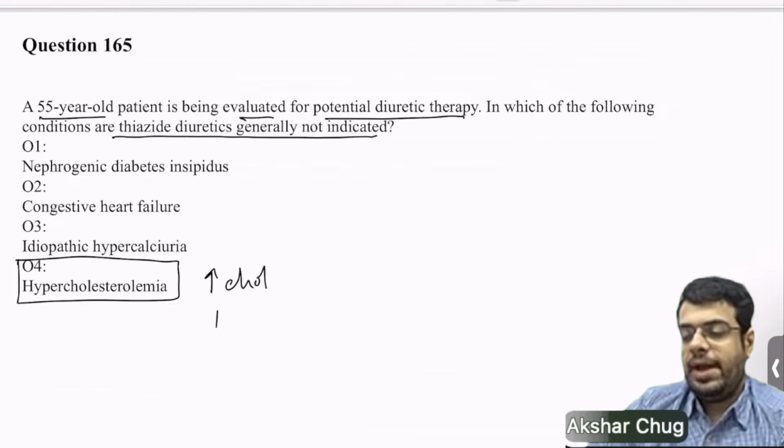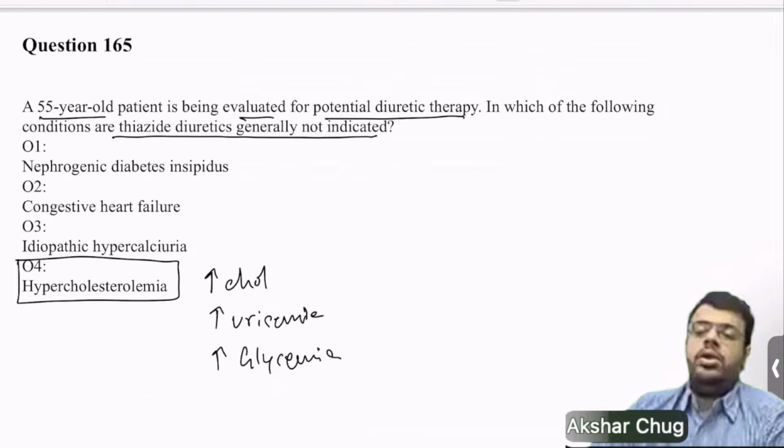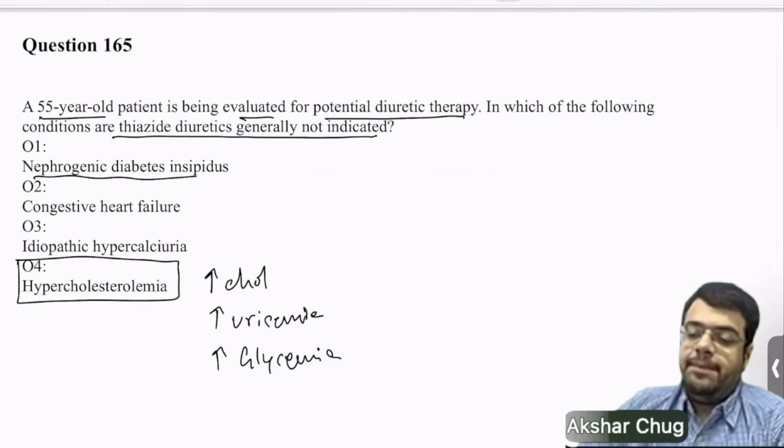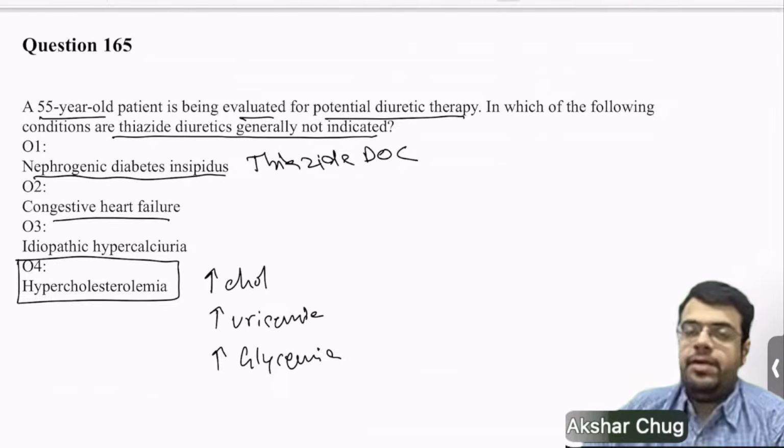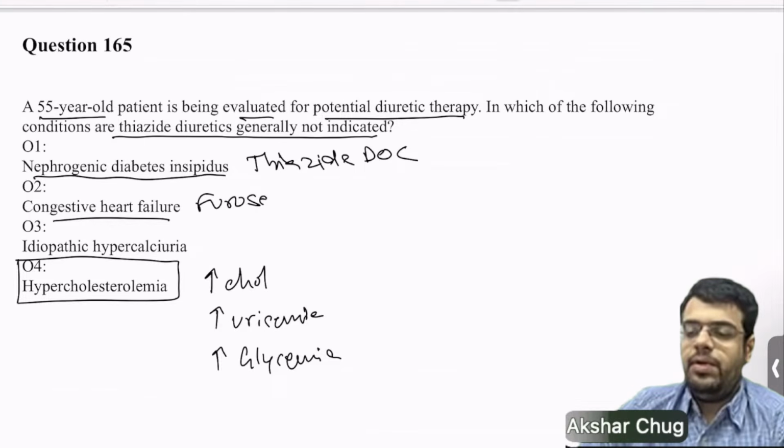It will cause hyperuricemia. It will cause hyperglycemia. So we will not use thiazide diuretic in these. Whereas in case of nephrogenic diabetes insipidus, thiazide is a drug of choice. Congestive heart failure, we can again use thiazide. However, furosemide, which is a high ceiling diuretic, will make more sense.